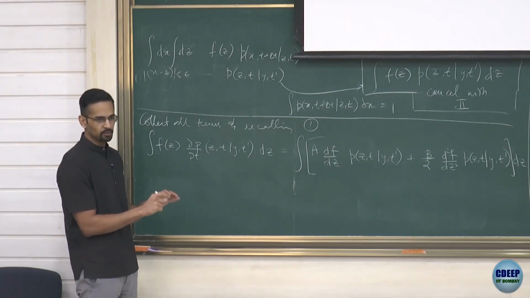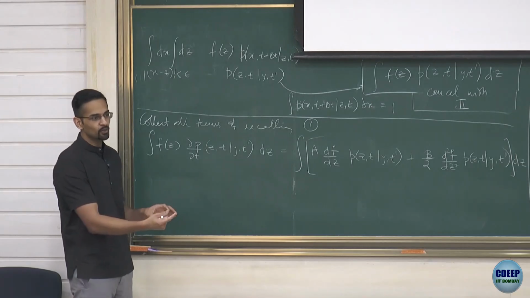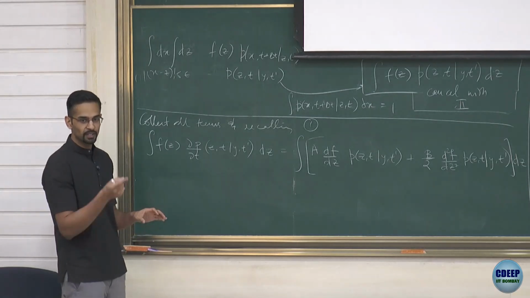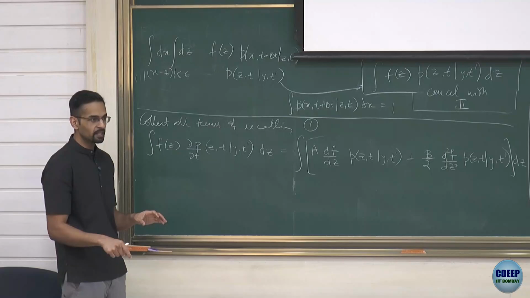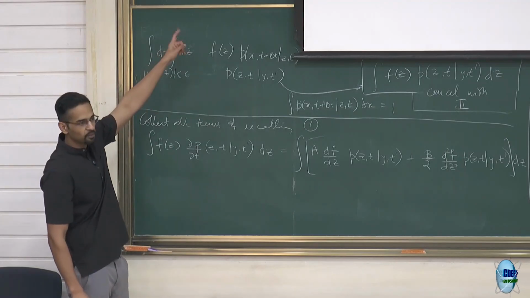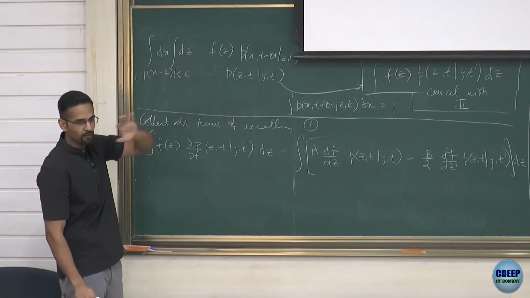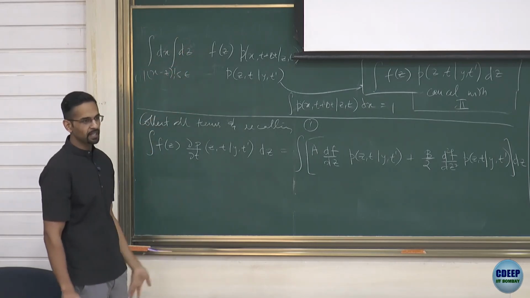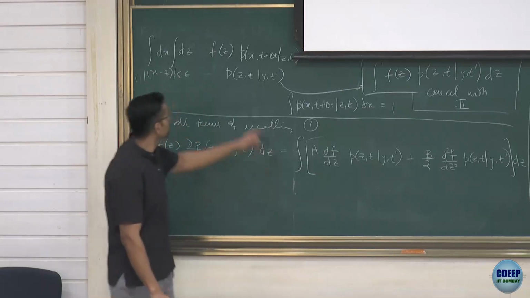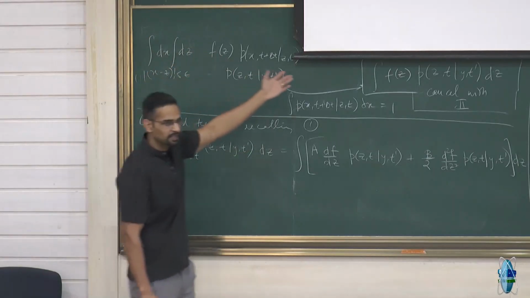We could limit the integral to small x minus z. And then we could do a Taylor series on f, so that we can introduce x minus z squared, because that will allow us to use our definitions of the moments. So that's why the Taylor series on f was important. So we had f of x and f of z, and by expanding f of x around f of z, we could introduce x minus z and x minus z squared.